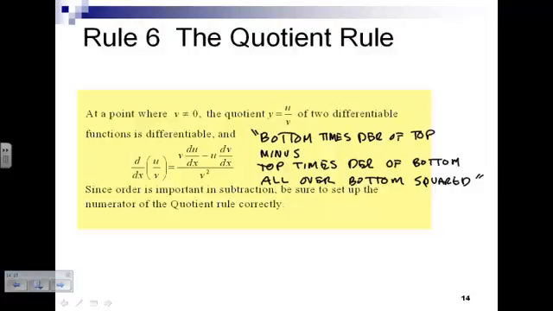Bottom times the derivative of the top minus top times the derivative of the bottom all over bottom squared.